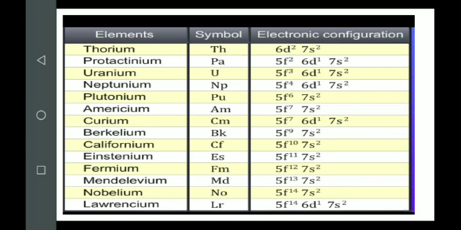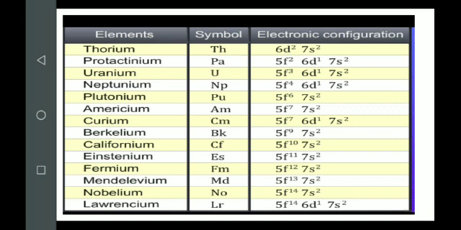All these elements exist in many isotopic forms, out of which only one or two isotopic forms are useful. Here the electronic configuration of actinoids is also given. You can observe that in all the actinoid elements, the 7s orbital contains 2 electrons. In some of the elements, the 6d orbital will have 1 electron, or in some it will not have.